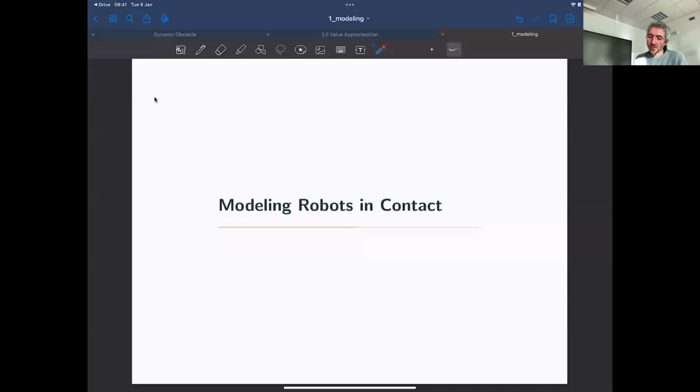So next subject is, what do we do if the robot manipulator makes contact with the environment? So it could be contact with a table, it could be contact with a human, or it could be also self-contact. Self-contact counts as contact.